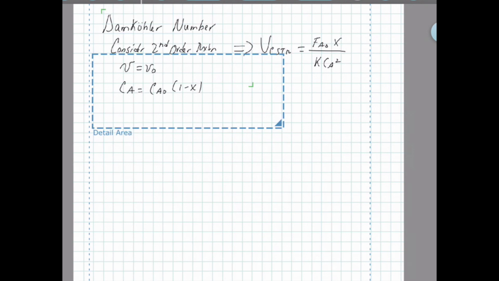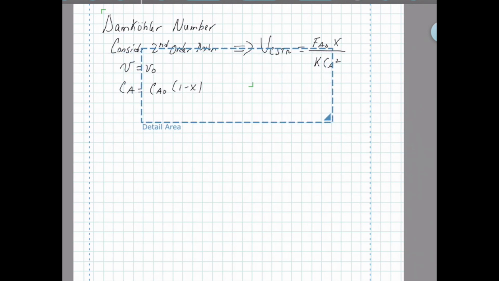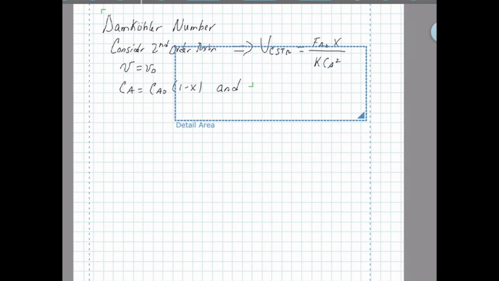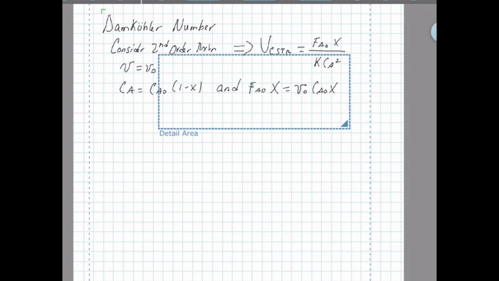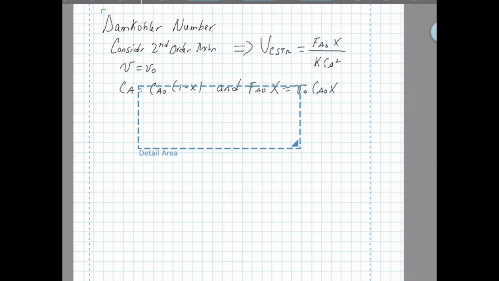We can also define that the flow rate entering the reactor is equal to the volumetric flow rate times CA0 times X. If we combine that information, we get that the volume is 1 minus X.